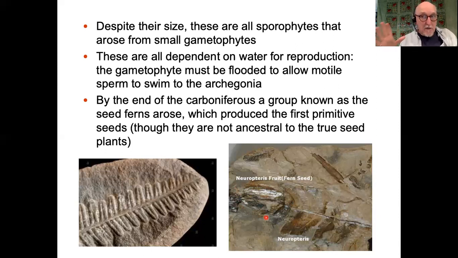And it is not very much longer, in evolutionary terms, before we see the first of the true seed plants. And there in the seed plants, the life cycle becomes a little bit different, but we can still see the roots of the life cycle, the alternation of generations, as we have in the primitive groups that we've talked about here.